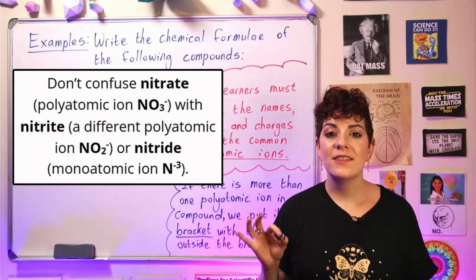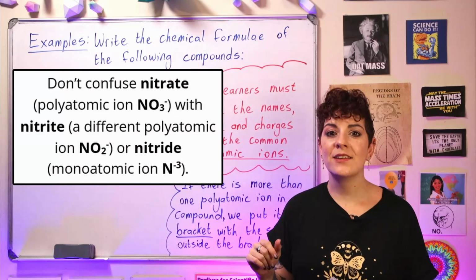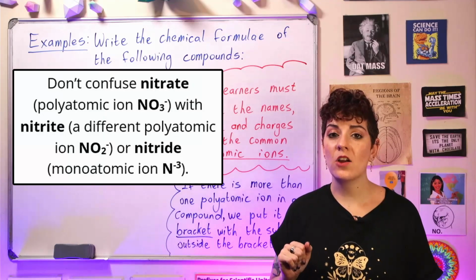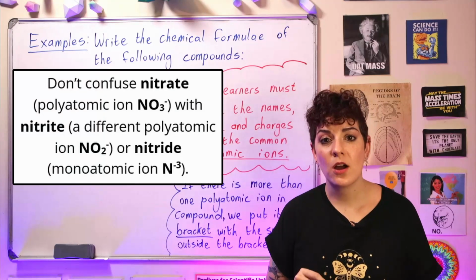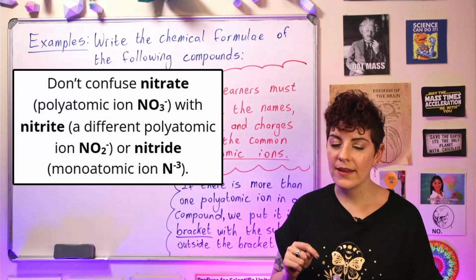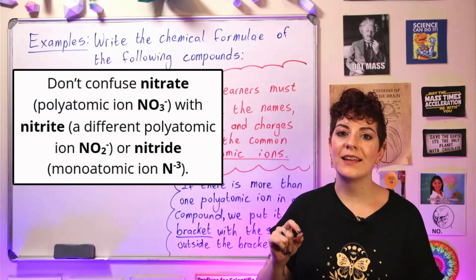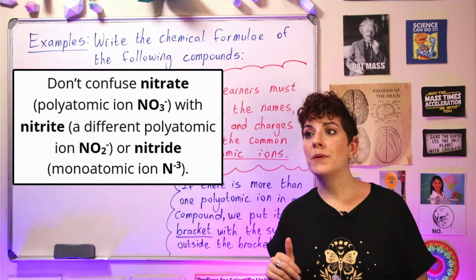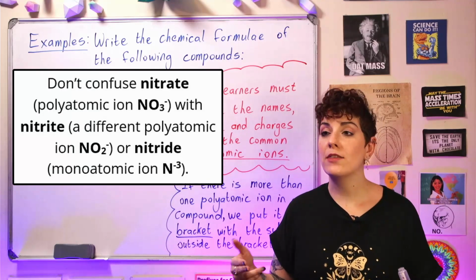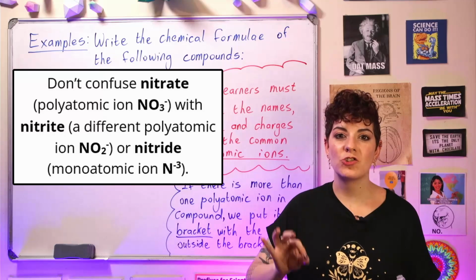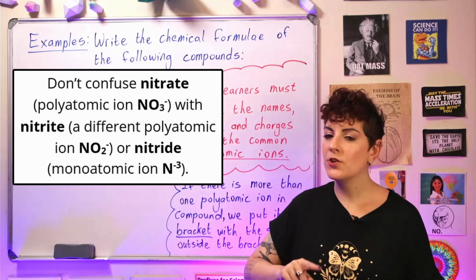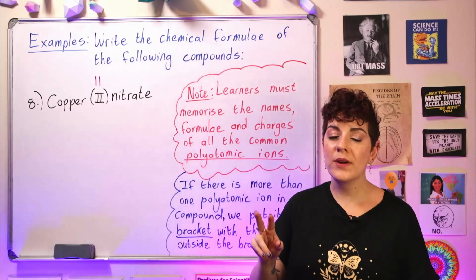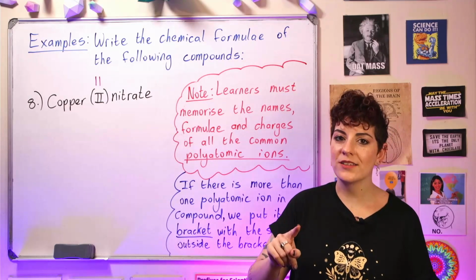If it was nitride, that would not be a polyatomic ion. That would be a monoatomic ion of nitrogen because the end of the name is IDE. So do not confuse nitride, that would be actually N-3, the formula of the monoatomic nitrogen ion, with nitrate or nitrite, both of which are polyatomic ions.